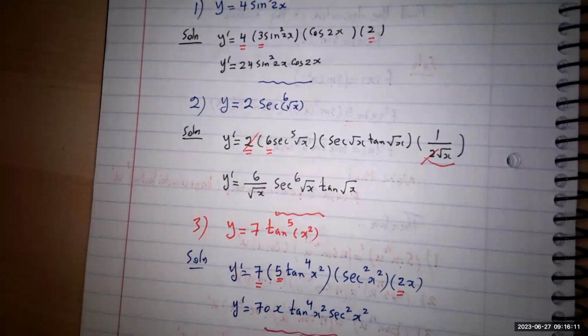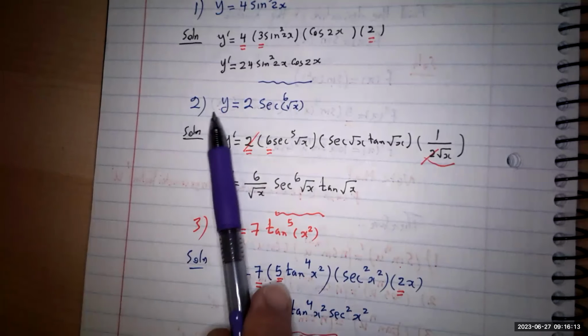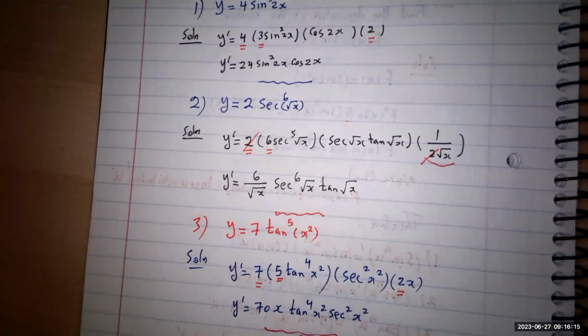And most of the time, it's not possible to solve for y. But what we can do, we can apply the chain rule in order to find the derivative of those type of functions. This type of differentiation is going to be referred to as implicit differentiation. Okay, so we're going to discuss that one.